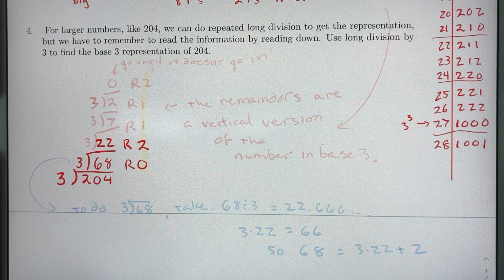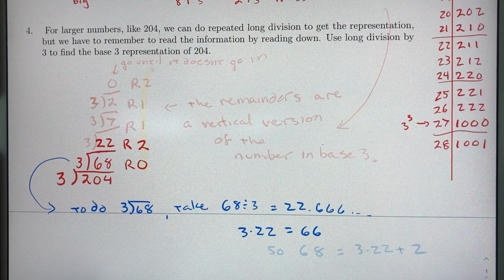Another way to do that is, let me just write a little note in blue. 68 divided by 3 is 22.66666. So take 3 times 22 is 66. So 68 is 3 times 22 with a remainder of 2.